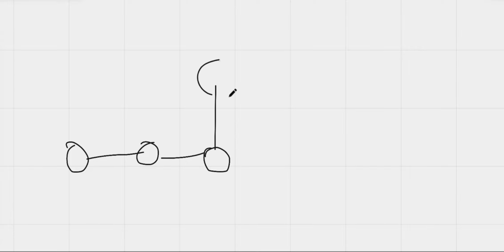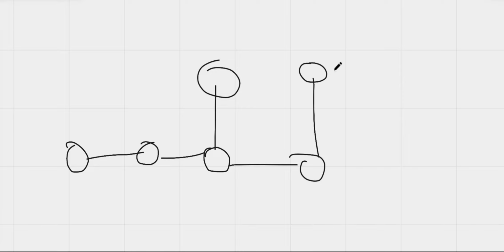It doesn't have to have a root. So you can see, for example, here, we can draw this, and then let's say a node here, and then a node here, and then a node here, and then a node here, and then maybe even a node here.